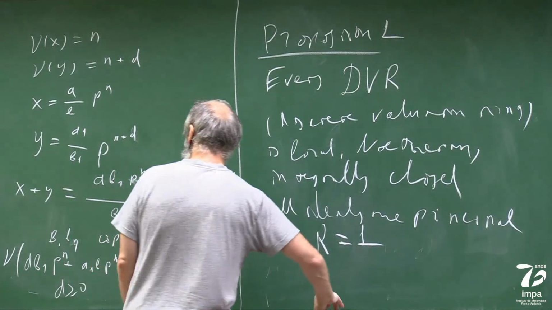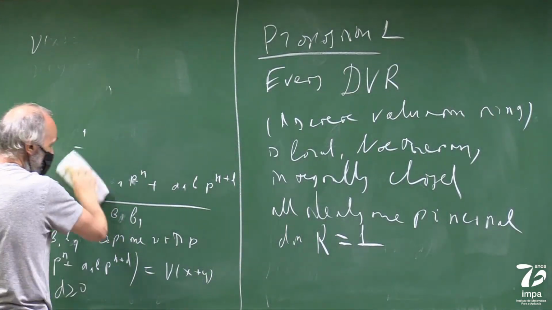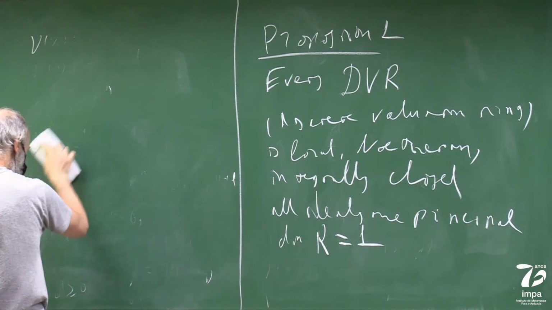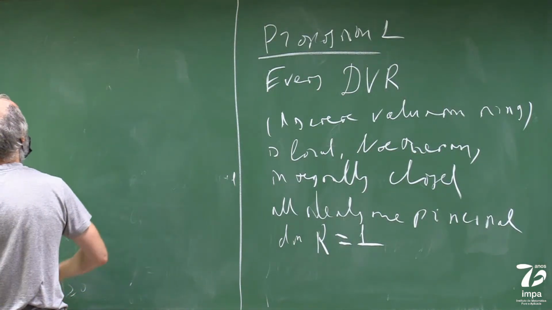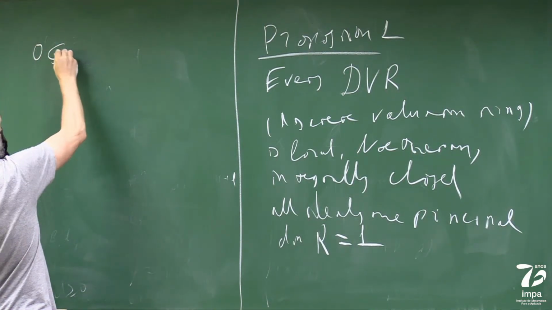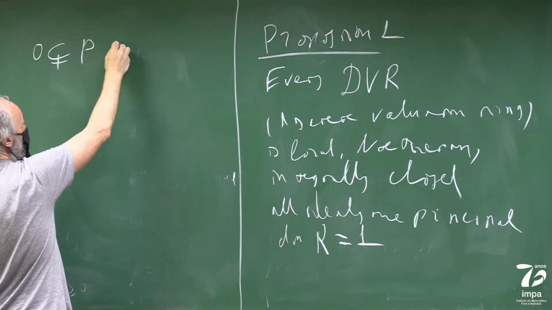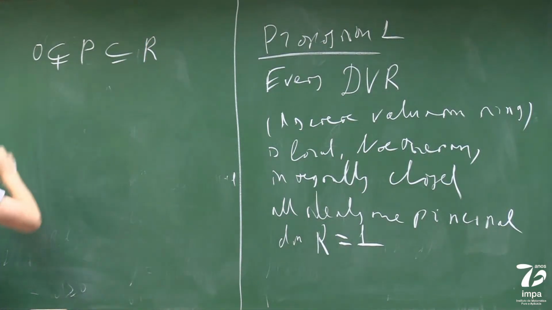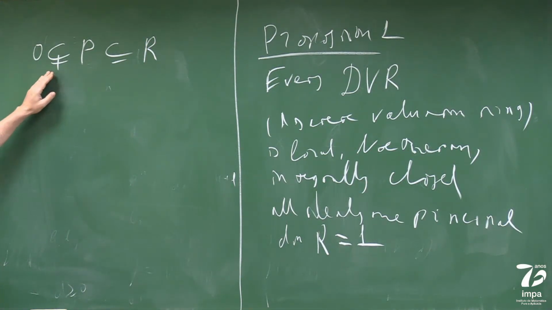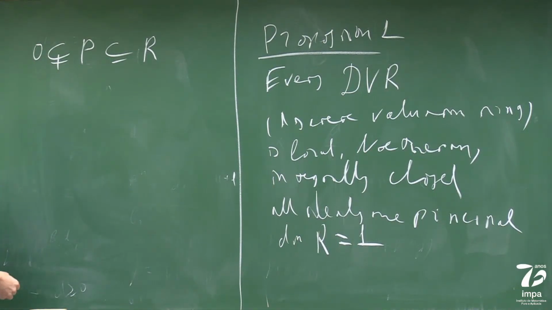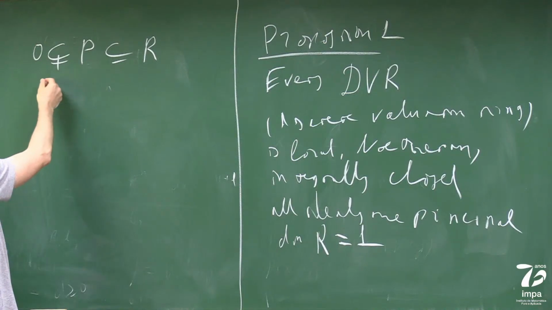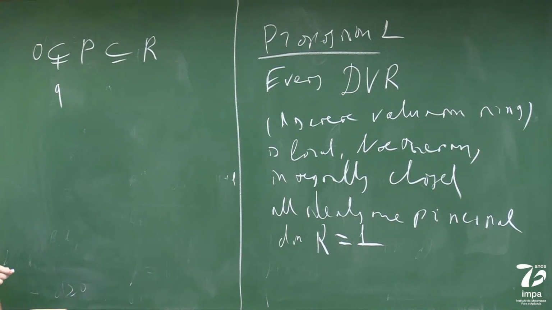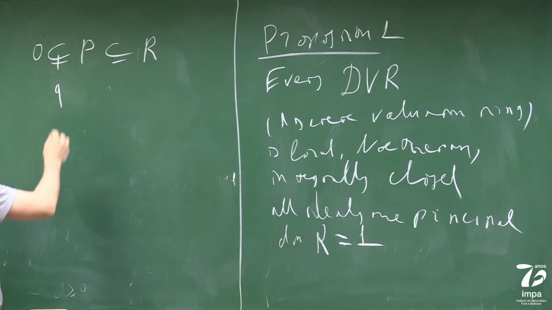By the way, what does it mean that Krull dimension is 1 for a local ring? It's a very nice condition because it's much better than for other rings. So you have 0 sitting inside your maximal ideal m, right? It's a local ring. And this sits in R. Okay, this is a chain of length 2. So it is the maximal length for Krull dimension 1. For any other chain, if you have some other ideal Q, then it contains 0, it is contained in R, so it should be intermediate.